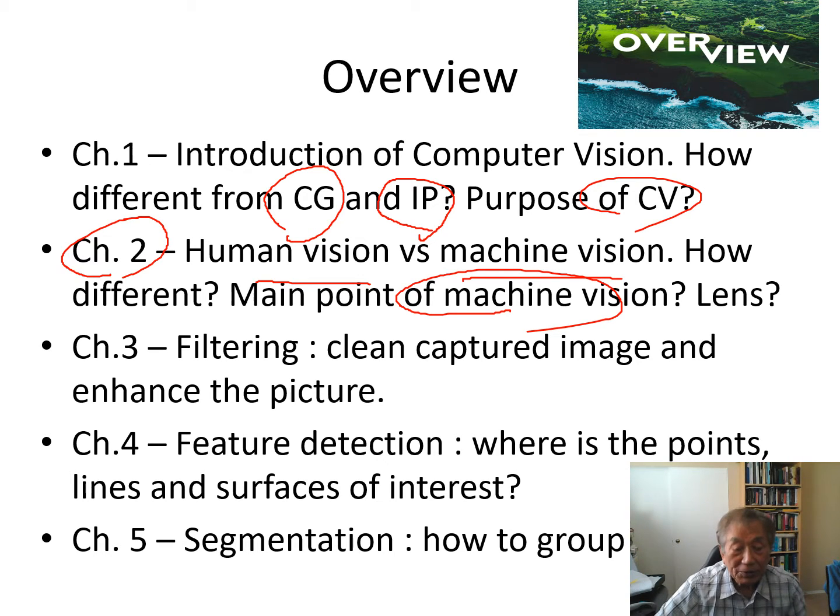Then chapter 3 talked about filtering. We capture a scene or some picture using a camera, but it may be very complex or not very clean, noisy, meaning there are a lot of errors or some kind of undesirable part. So we need some cleaning up. That's usually called filtering.